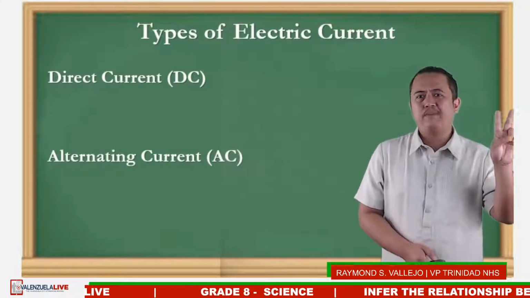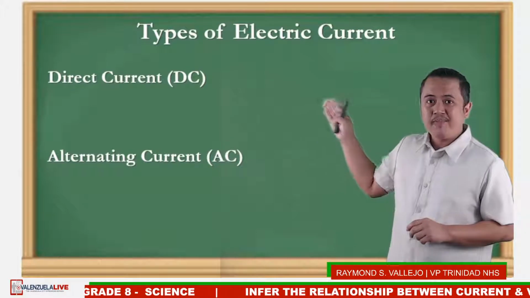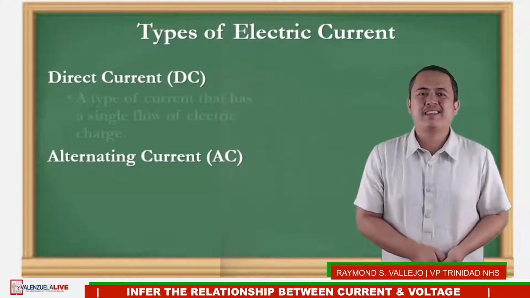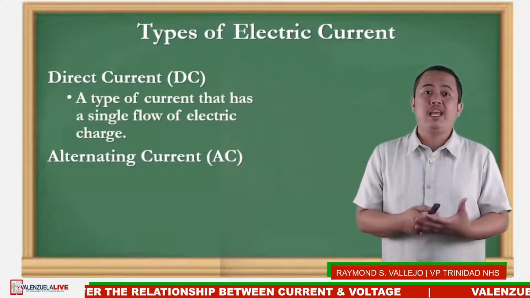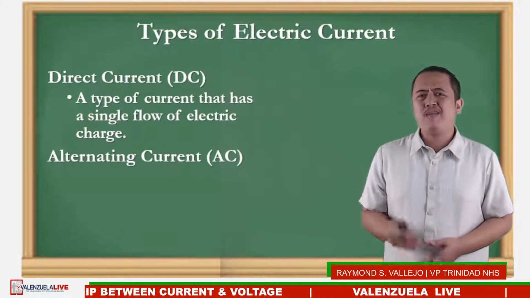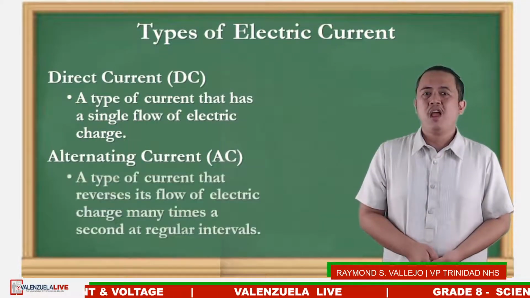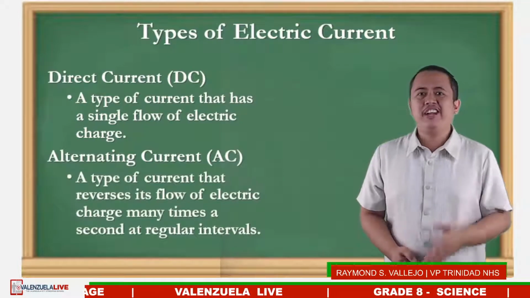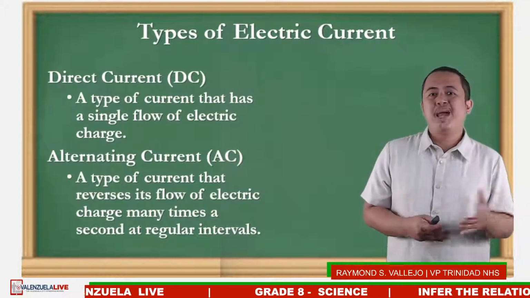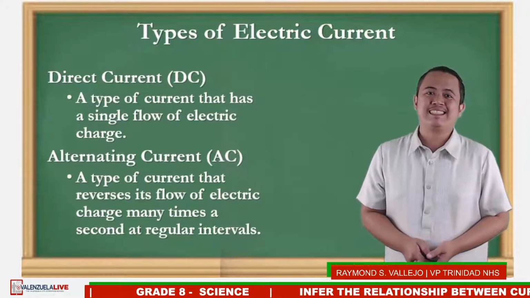There are two types of electric current: direct current and alternating current. Direct current has a single flow of electric charge. Direct current is usually found in batteries and solar cells. On the other hand, the alternating current reverses its flow of electric charge many times a second at regular intervals.